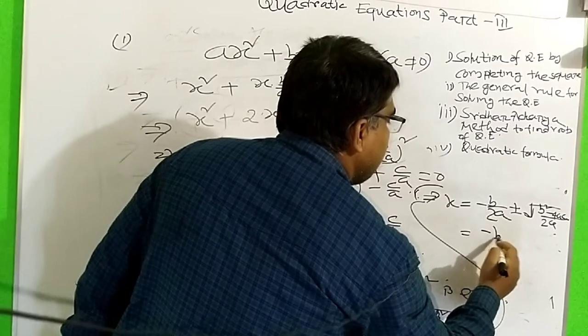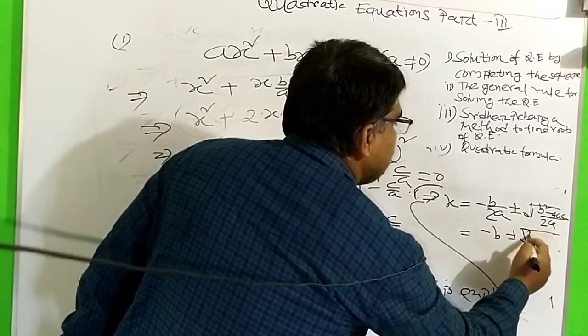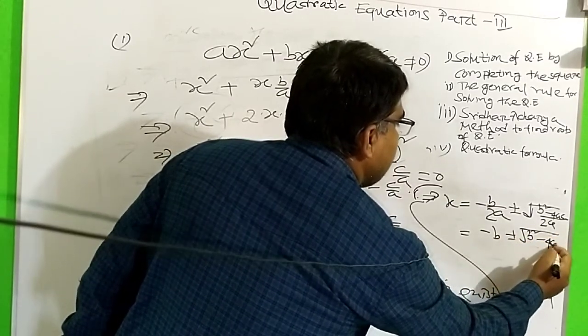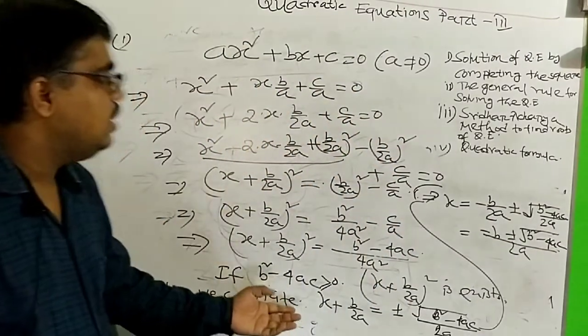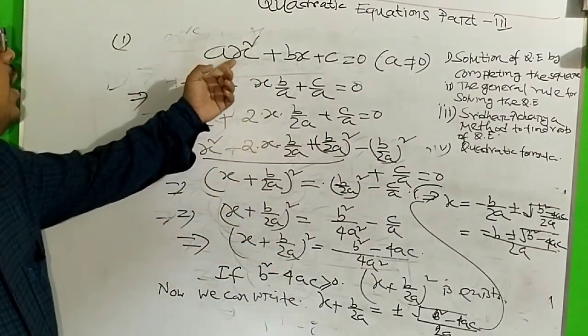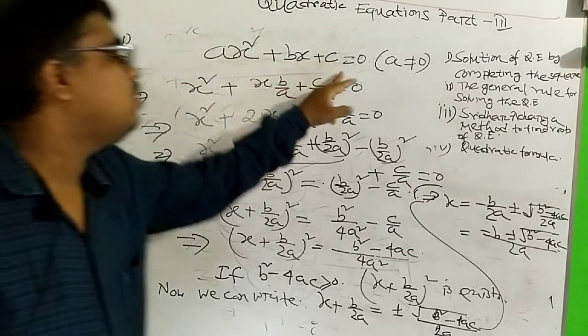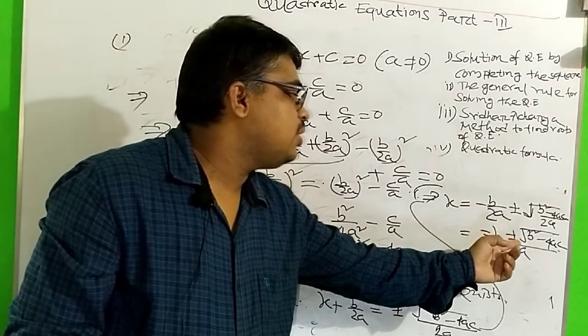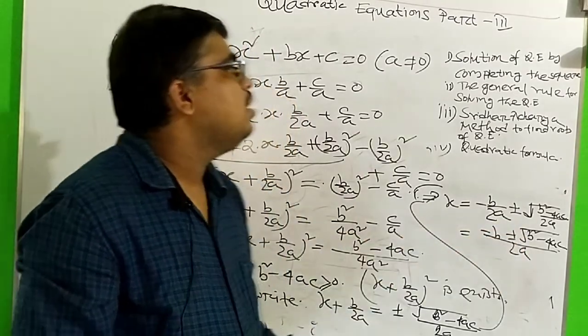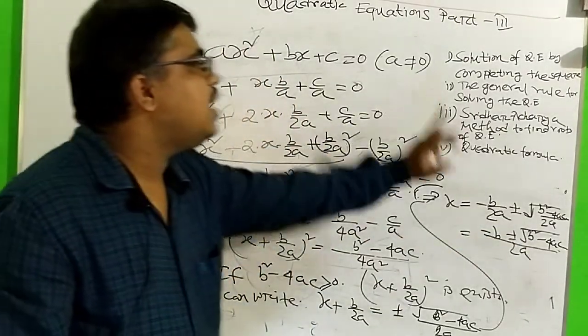Now we write minus b plus minus root over b square minus 4ac by 2a. Thus the root of this equation ax square plus bx plus c equal to 0 is minus b plus minus root over b square minus 4ac by 2a. This is the general rule.